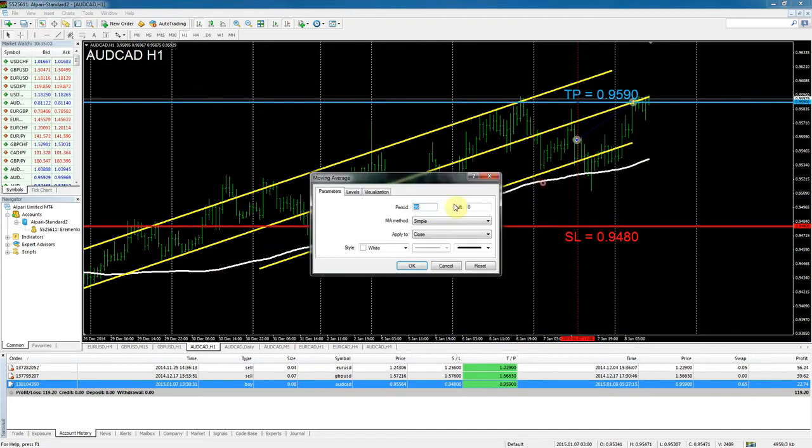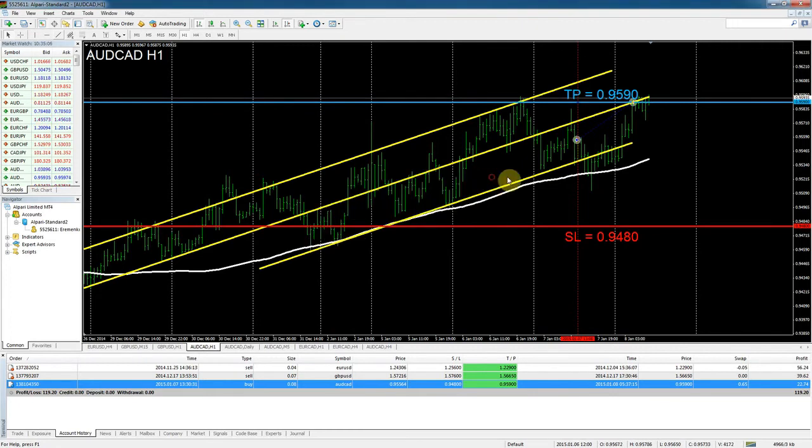And so this is a 96 simple moving average, and 96, there's 24 hours in a day, and if you multiply 24 by 4, you'll get 96. So this moving average represents the average on the hourly time frame over 4 days. And as you can see, in this particular case, the moving average works really well.